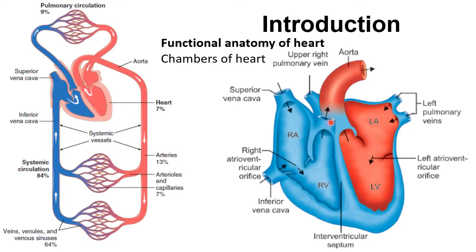The orifice between the pulmonary trunk, aorta, and the ventricles is guarded by semilunar valves. Comparatively, left ventricle, as you can see here, is more muscular when compared to right ventricle.